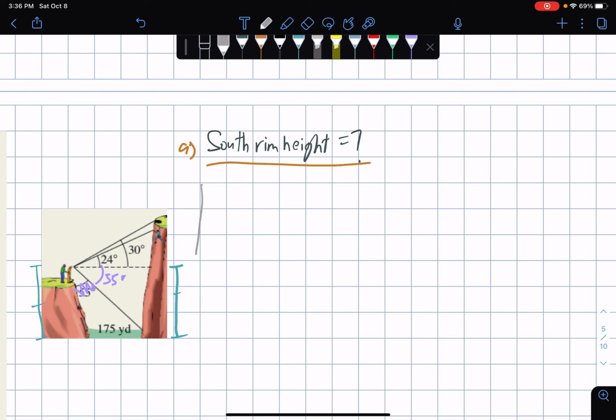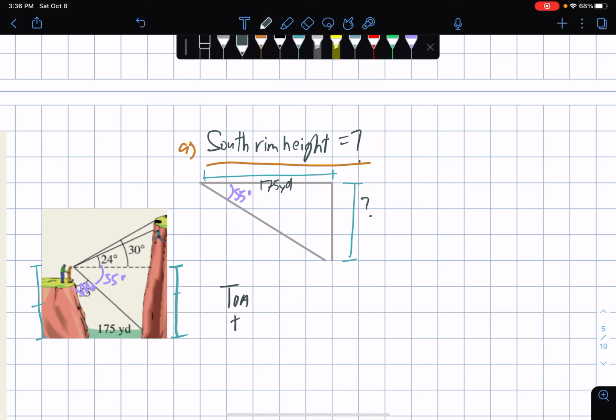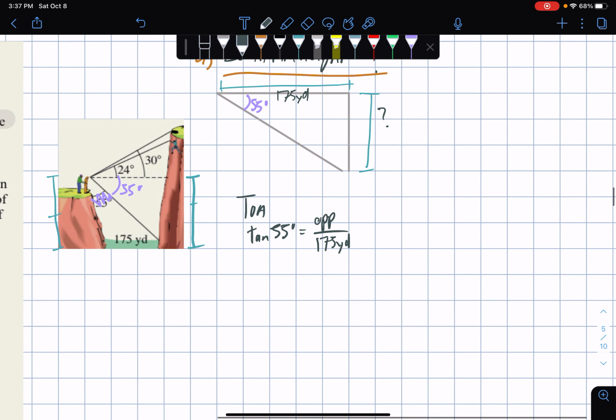We get a triangle like this, and the angle of depression is 55 degrees. What we're looking for is this one. So, TOA: tangent 55 degrees is equal to the opposite side over 175 yards.